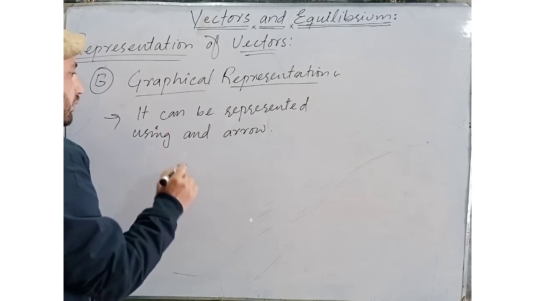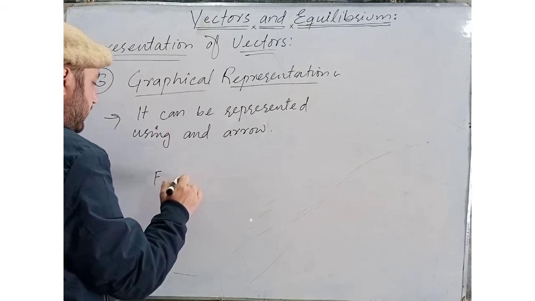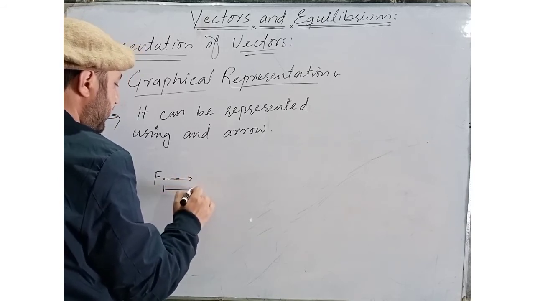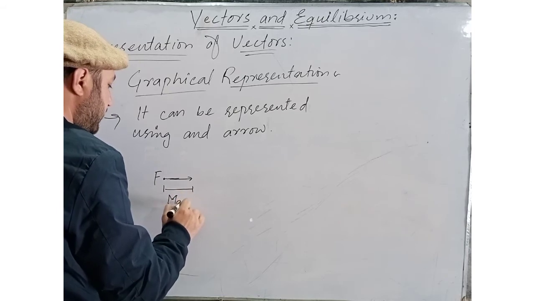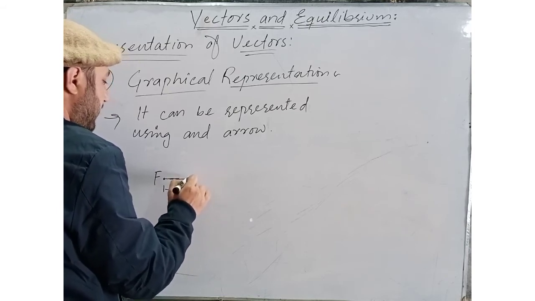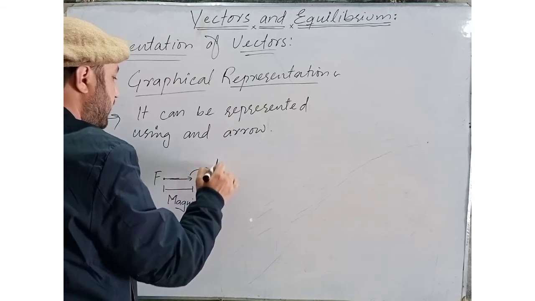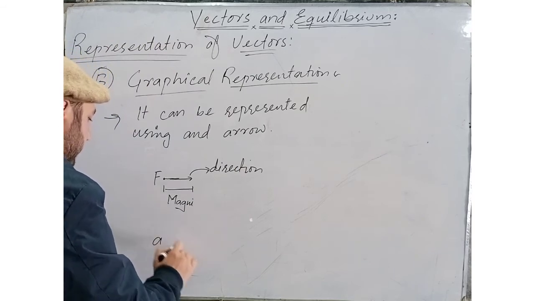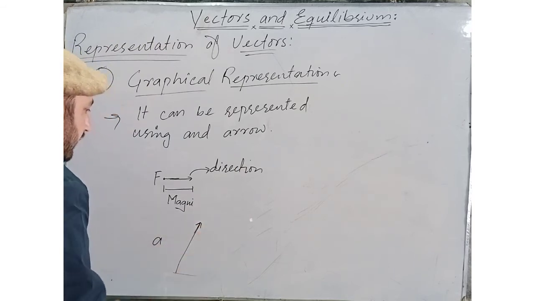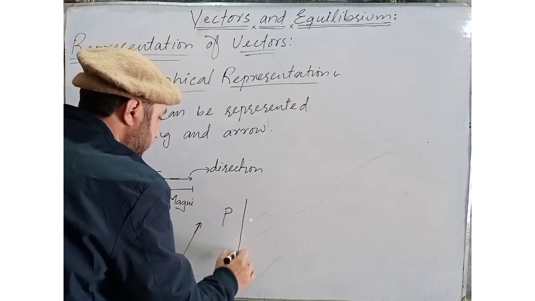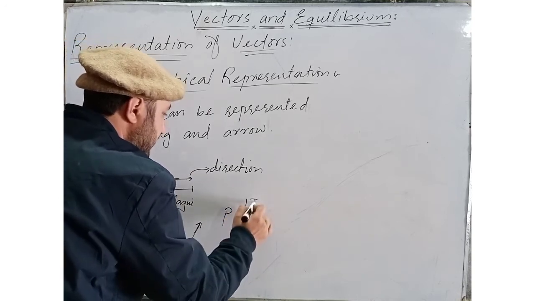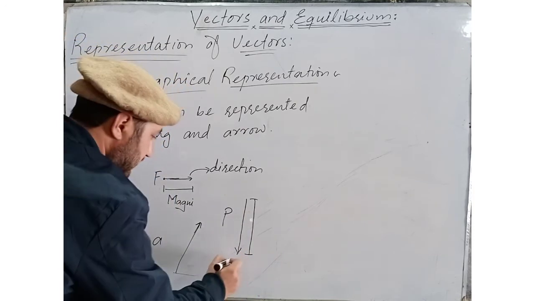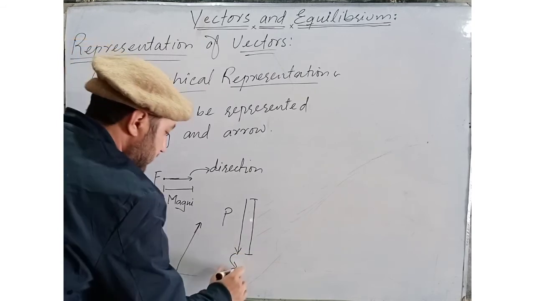Now the length of the arrow gives us, let's say if this is force, then we can represent it using an arrow, right? The length of the arrow represents its magnitude, and the head of the arrow represents its direction. We can take another example, acceleration in that direction, or momentum in this direction. So the length gives us an idea about its magnitude, and the head of the arrow points toward the direction.